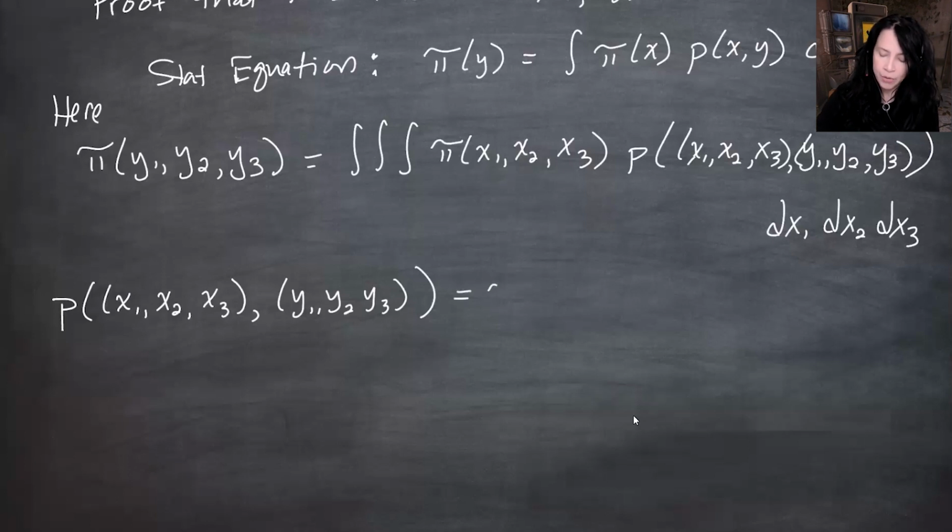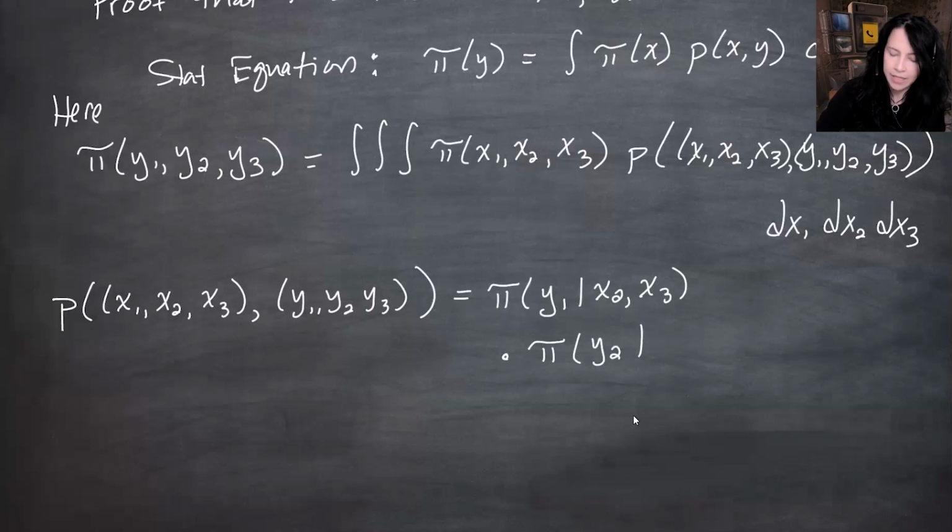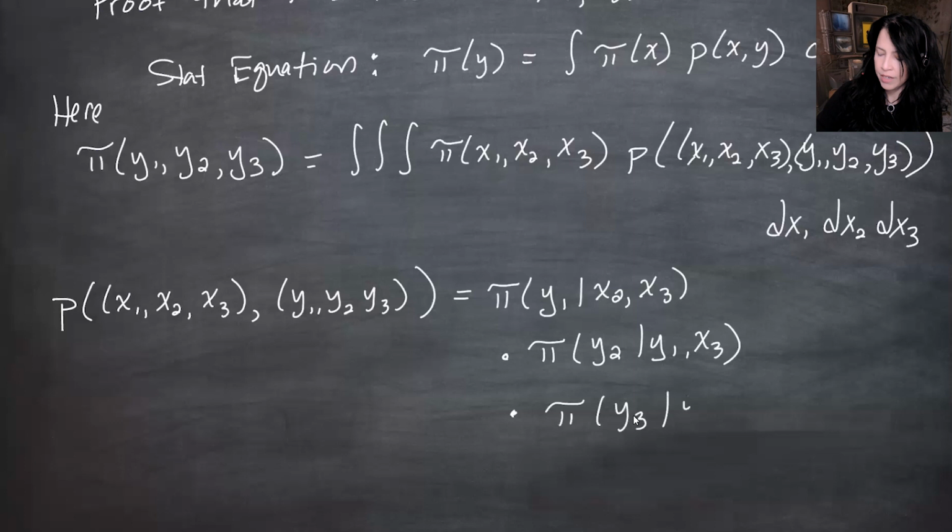So this transition happens in like 3 steps. First, you have to draw y1 from the distribution of x1 given the other x's. So I'm going to get a y1 from the conditional distribution for the first component given the other 2 components that I have at that point, times the distribution for y2 given the other, so that's y1, given the other 2 components, times the distribution for y3 given the other 2 components.